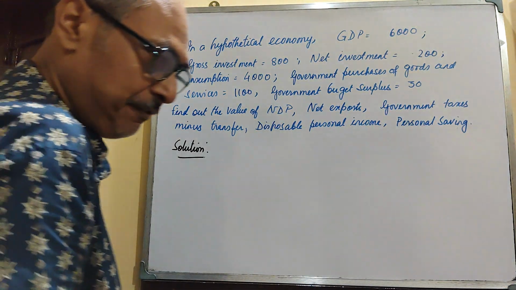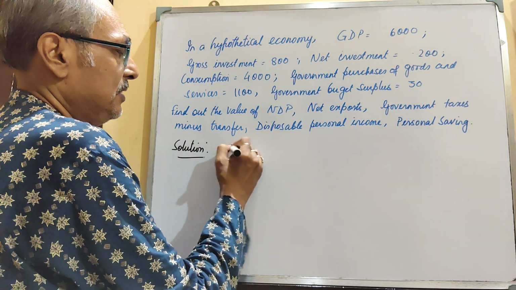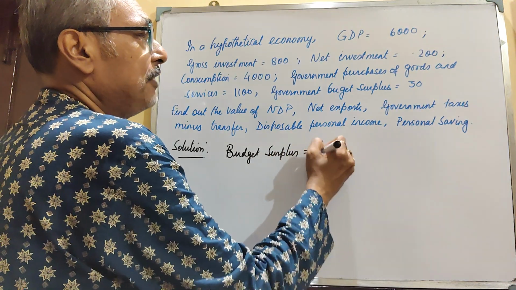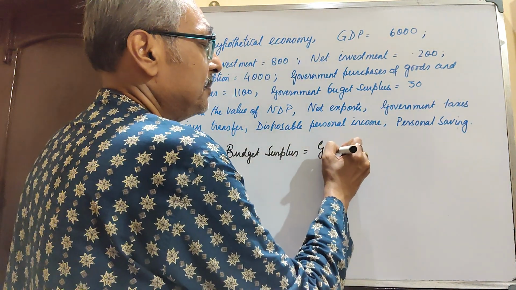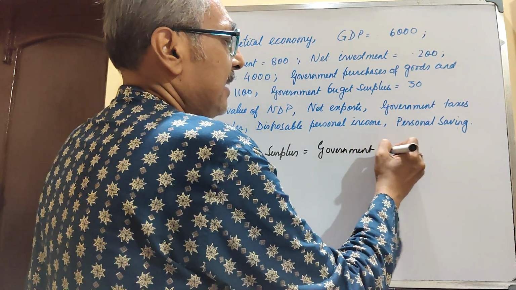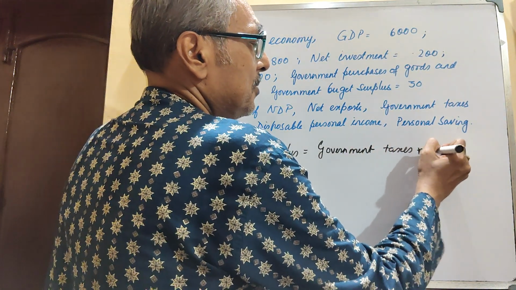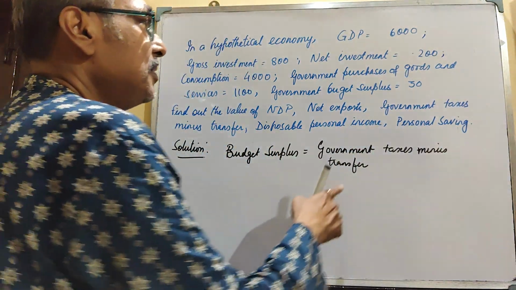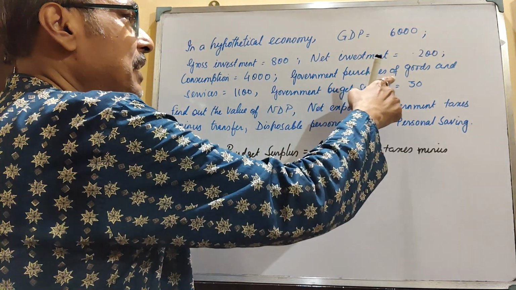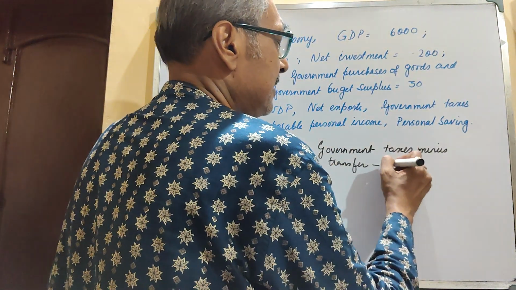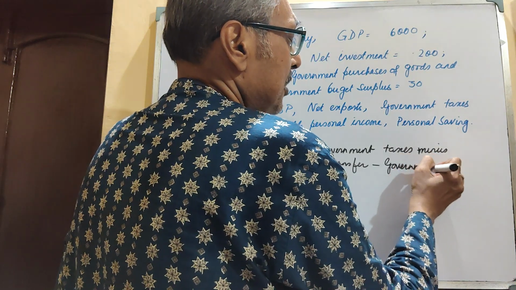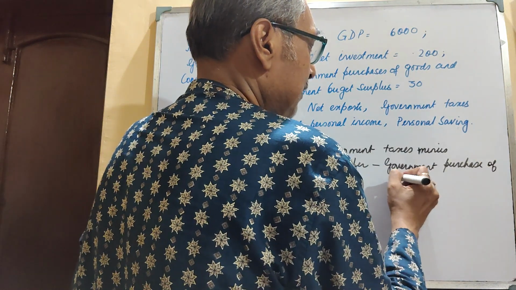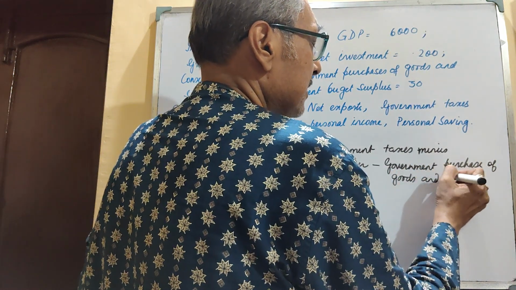Budget surplus is government taxes minus transfer, where transfer means transfer payment, minus government purchase of goods and services.